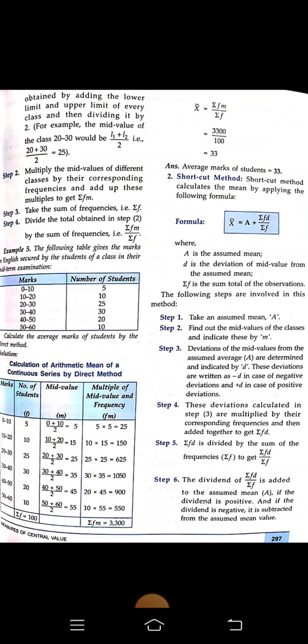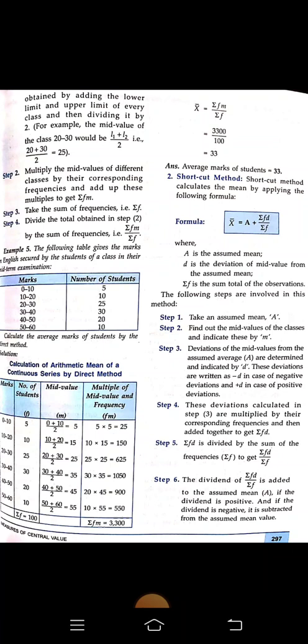So what are the total number of students we are having? You can see there is a sigma f given, that is the total of the frequency, that is 100. And what is the total mark scored? You can see how much they have scored, right? 3300. Now, applying the formula, that is x is equal to sigma f m by sigma f, we are finding 3300 divided by 100, that is 33.